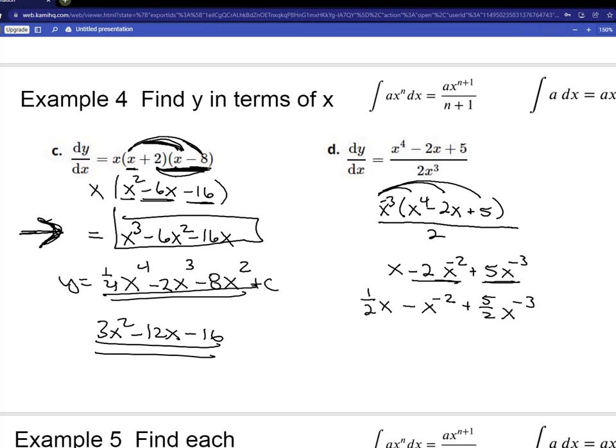And see, now I've got myself some nice terms. Now, fractions and negative exponents is not awesome, but now I can go ahead and do the integration. So what am I going to write? First x, then what? You add 1, and so it's going to become a 2. And either I multiply or divide by 2 or multiply by the reciprocal.